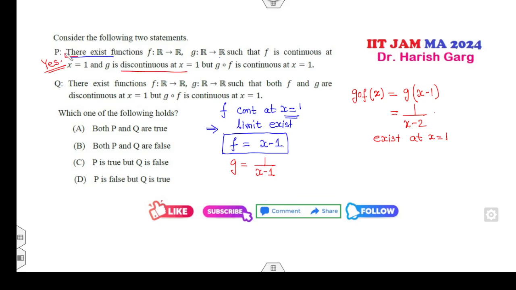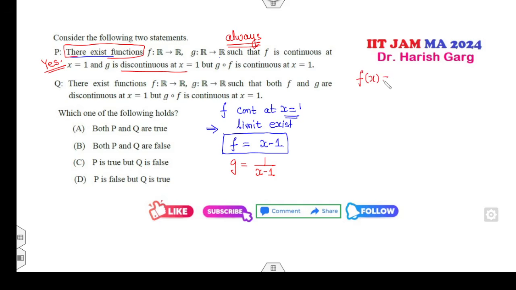Make sure, students, here it says "there exists." Fine. If here it were said "there exists always," then your answer would be no. How? You can see, if I choose the function f as 1, whose limit exists at 1, and g I can say 1 over x minus 1. Then what is g circle f?